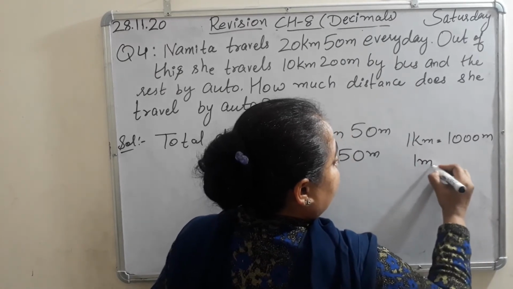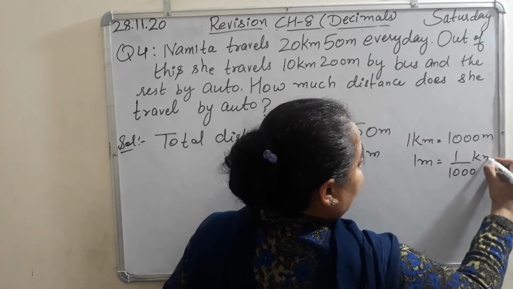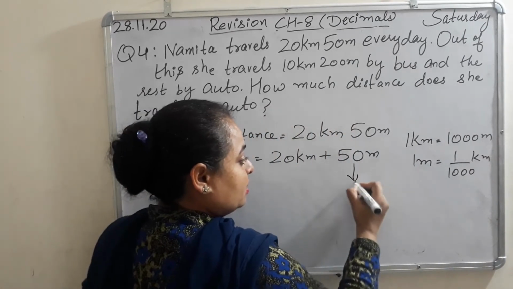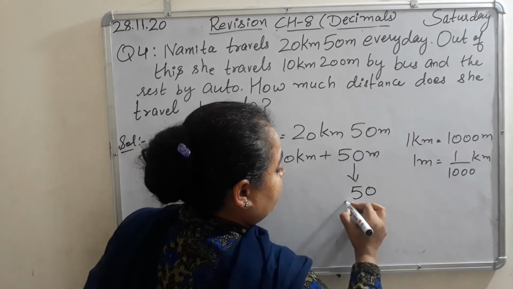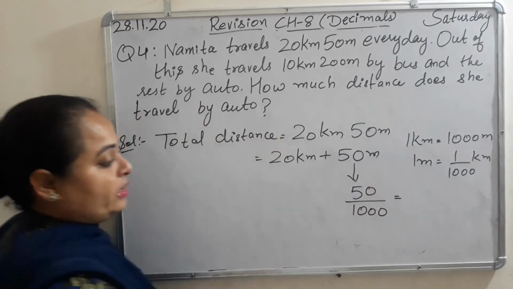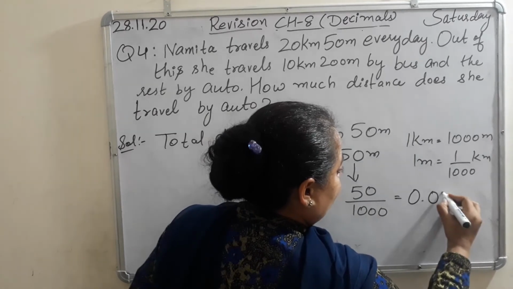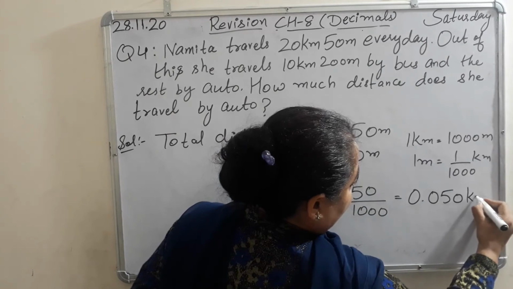So 1 meter is equal to 1 divided by 1000 kilometer. Now we will convert this meter to kilometer. So 50 divided by 1000 and you will get 0.050 kilometer.